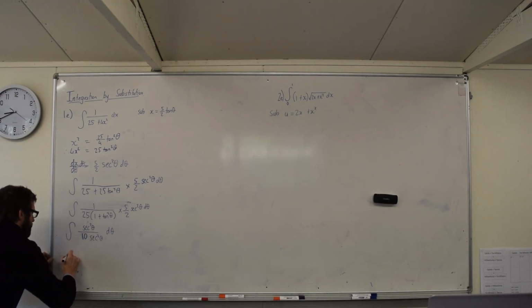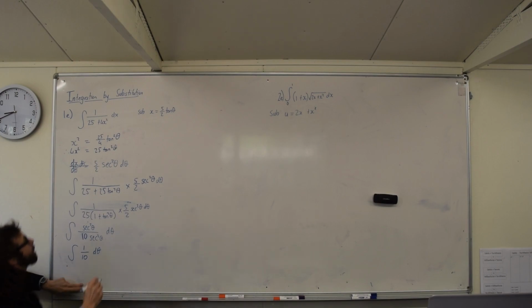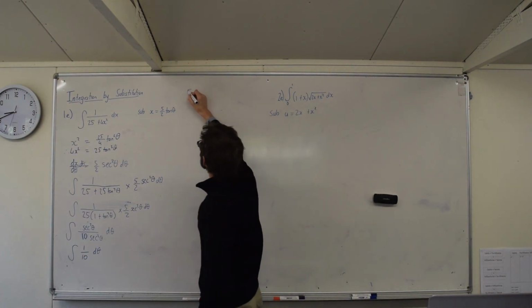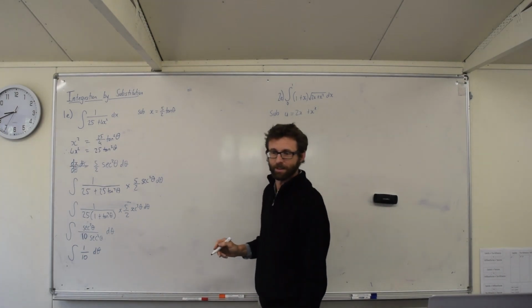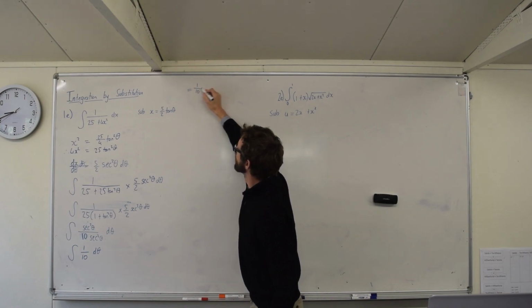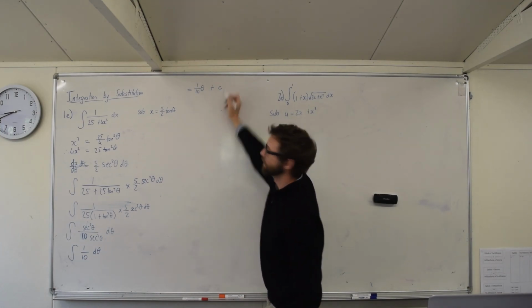So we're really doing the integral of 1/10 d theta, which equals 1/10 theta plus c.